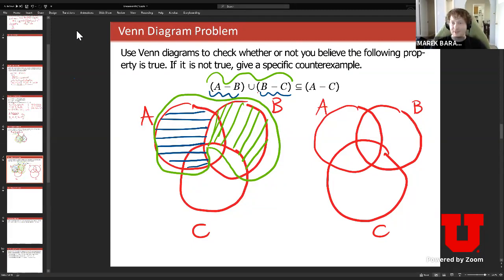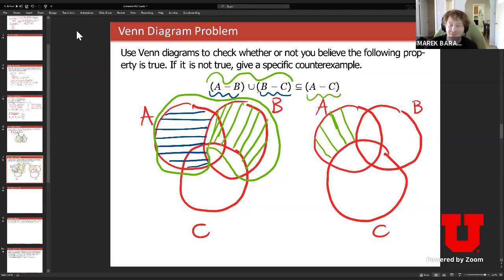If we do the A minus C part right here, we get this set. Yeah, union. What did I say? I think you said minus. Oh, yeah.